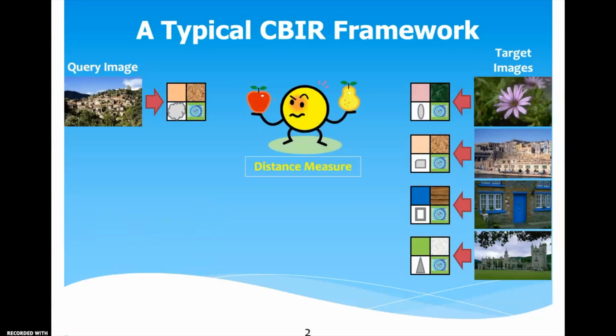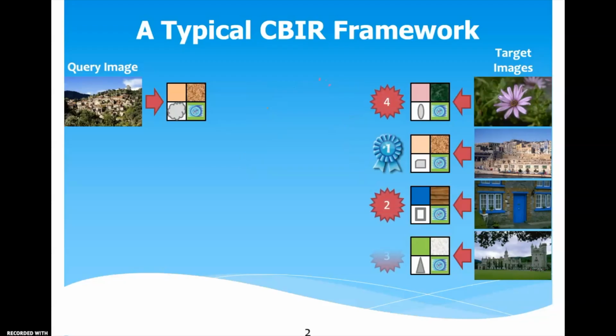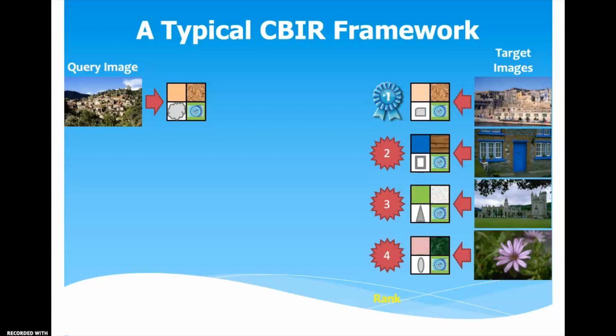Second, the distance is measured between the query image and each target image. Then the target images are ranked in increasing order of their distance to the query image. The ranked image list is returned to the users.